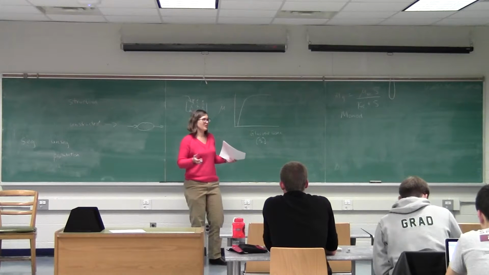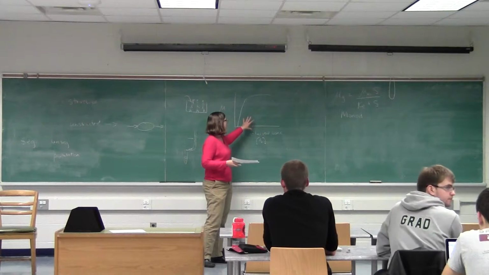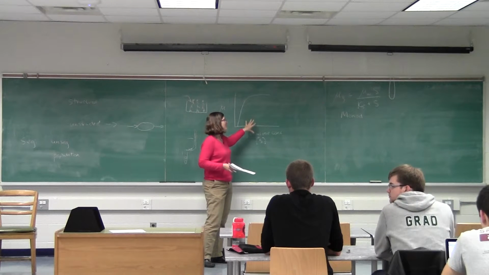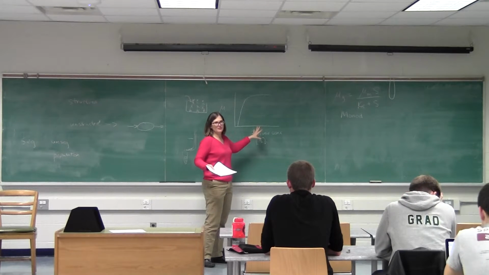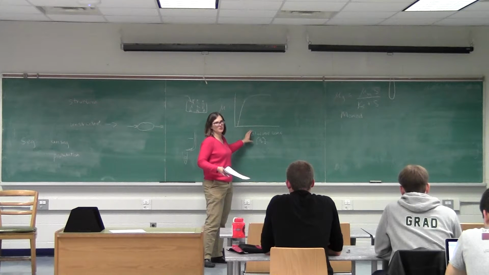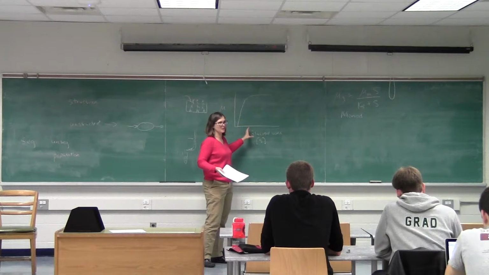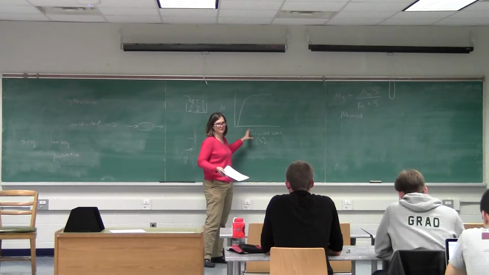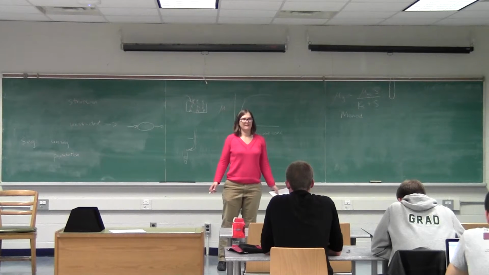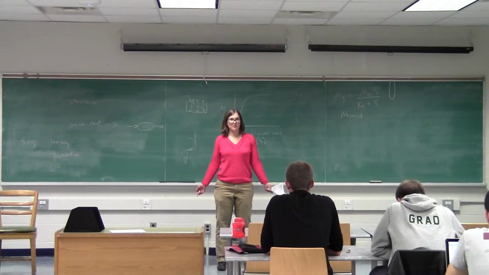But when we do these studies to describe these behaviors, we assume that everything else is there in excess, and only the one substrate we're interested in, usually our carbohydrate source, is actually limiting the growth. Any questions? Make sense? Everyone's good with that?